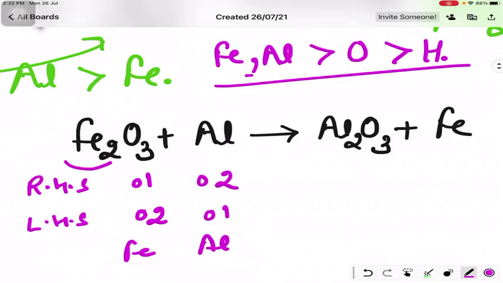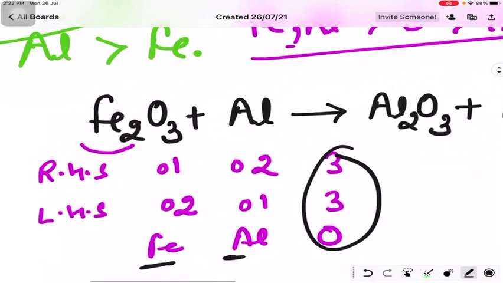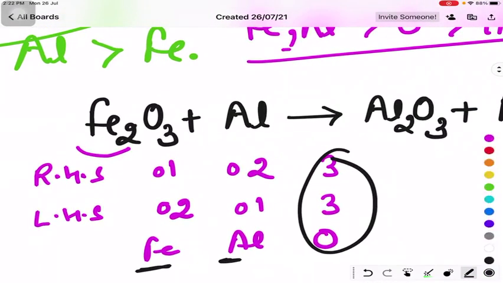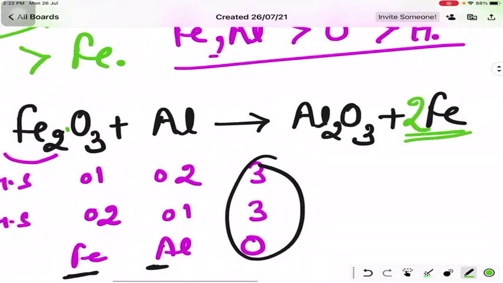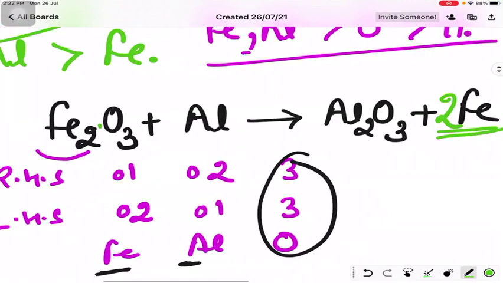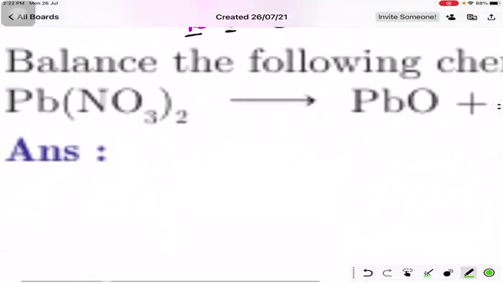Number of oxygens will be balanced automatically at the end, but you can write for your simplicity. On right hand side it is 3, and on left hand side it is also 3. So this is done. We have to just balance the iron and aluminium atoms. So we have to start from here only. Iron atom 2, just multiply right hand side iron by 2, and here aluminium atoms are 2, so left hand side aluminium atom will be multiplied by 2.